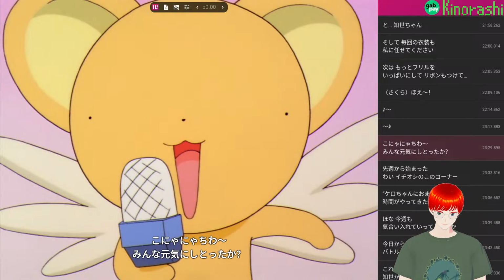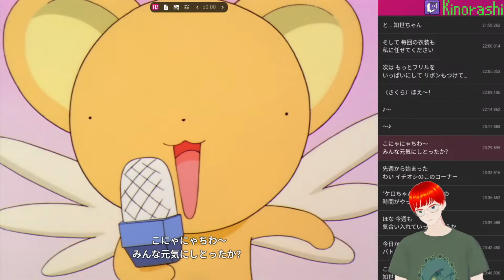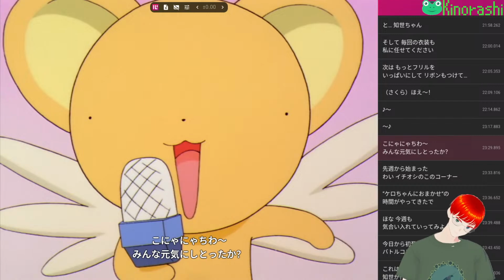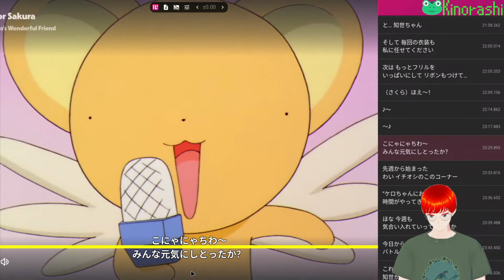Konnichiwa, or his way of saying konnichiwa. Mina genki ni shitotta ka? This is probably from shite. Instead of shite iru.